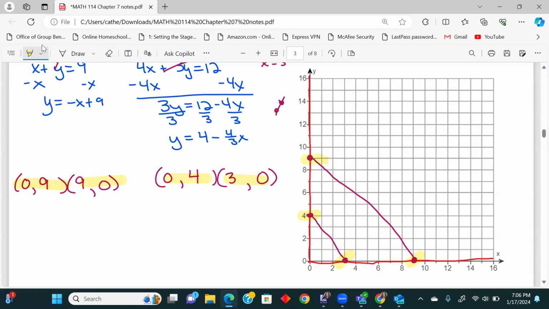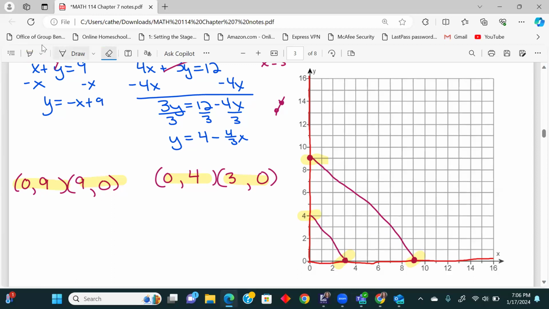All right, so we are going to have to shade in here. It says x is greater than 0. So I want to show you where the overlap is. Let me get rid of the shading real quick. I don't know why I won't erase.